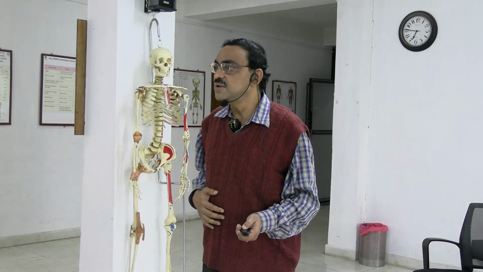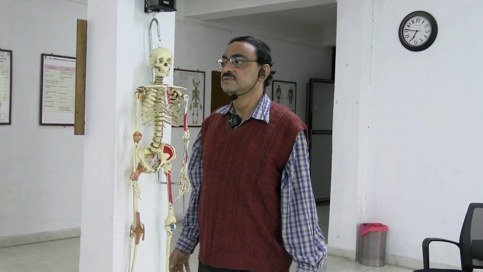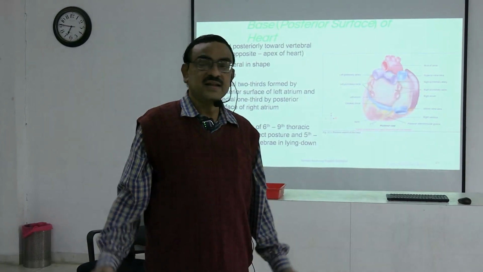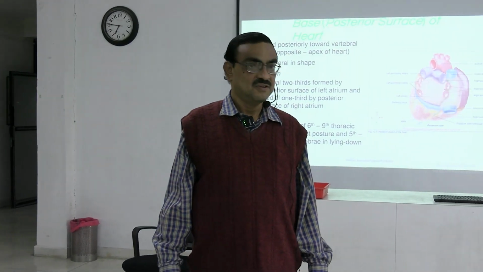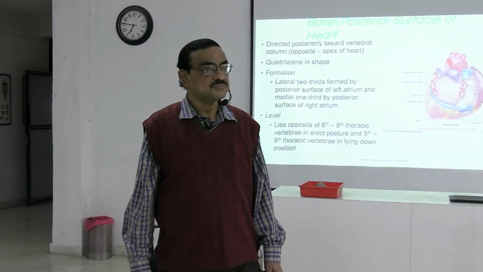How many thoracic vertebrae? In standing position, the 6th to 9th thoracic vertebrae are related. And in lying down position, 5 to 8. The 5th to 8th vertebrae come in relation.